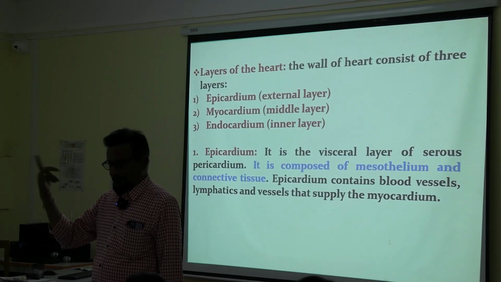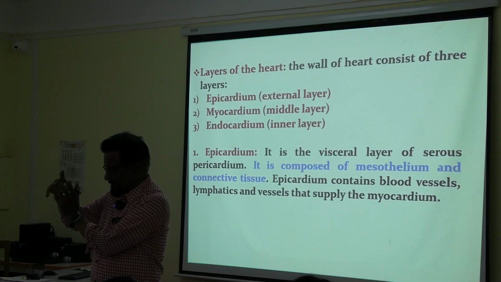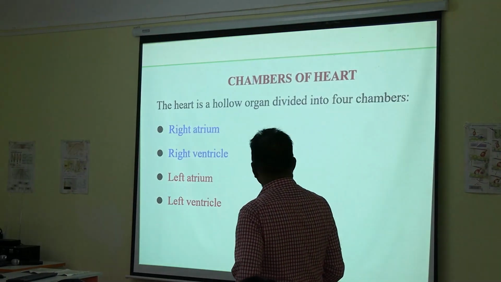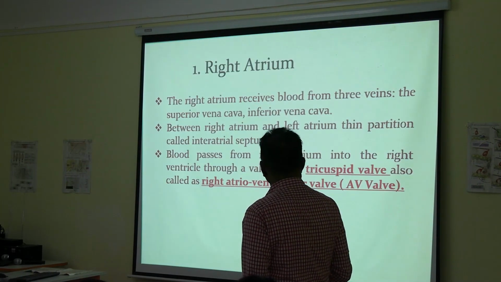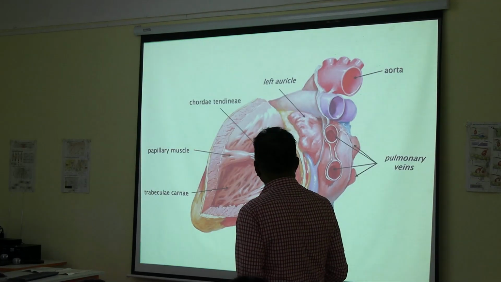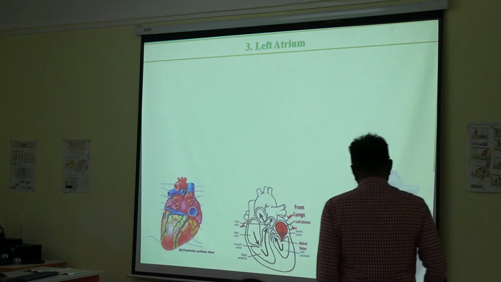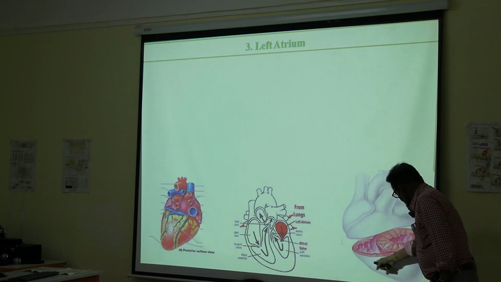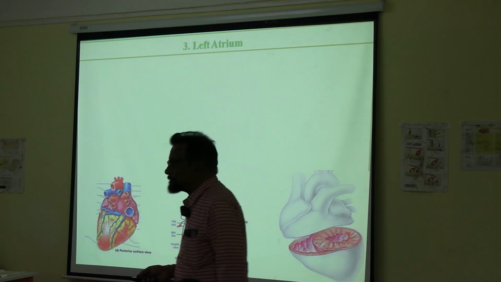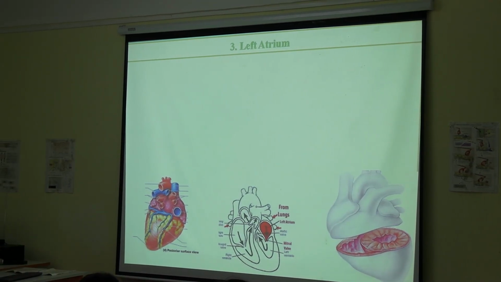If it is more than 12 and the heart ventricle shape is cone shape, like this shape, then we call it hypertrophy.